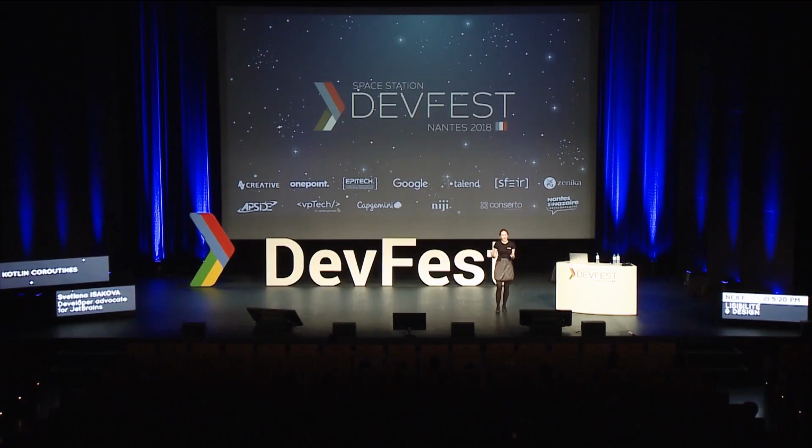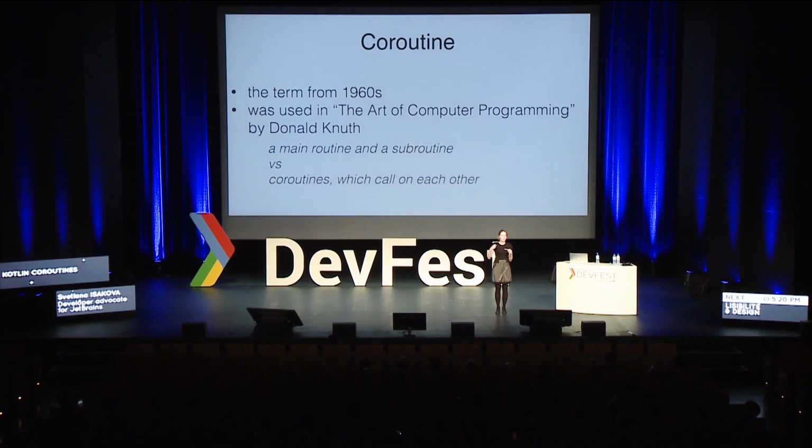The main purpose of Kotlin Coroutines is to simplify asynchronous programming. Kotlin Coroutines, in essence, give us a new way to perform all these asynchronous computations. And it is not a Kotlin invention. The concept of coroutines has been known for many years already, for many decades.